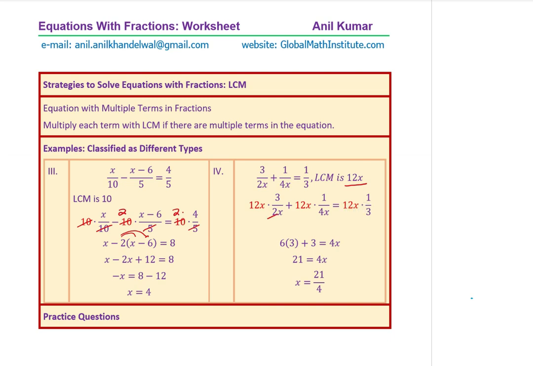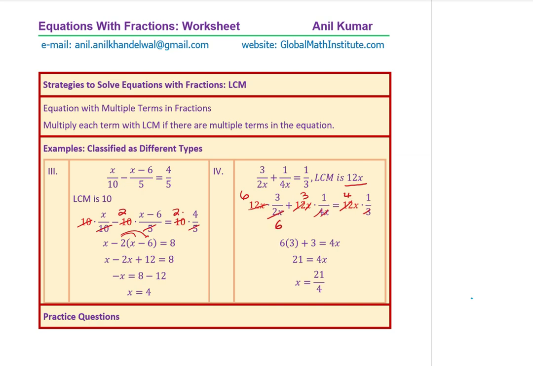Now we can simplify. 12x divided by 2x will give us the number 6. And in this case, x and x cancel as you can see. 4 goes 3 times and here 3 goes 4 times in 12. Simplifying the equation, we get 6 times 3, which is 18. And we have 3 here in the numerator.